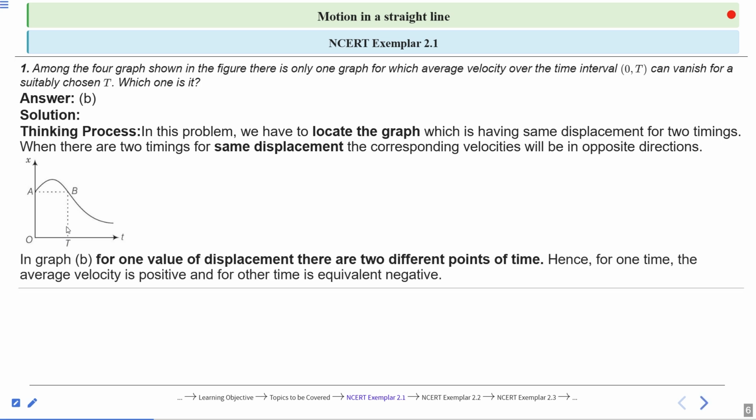So in graph B, for one value of displacement, there are two different points of time. Hence, for one time, the average velocity is positive and for the other time it is negative.